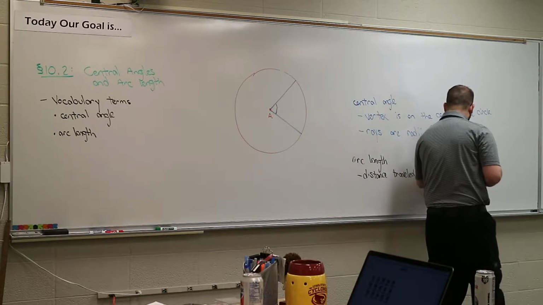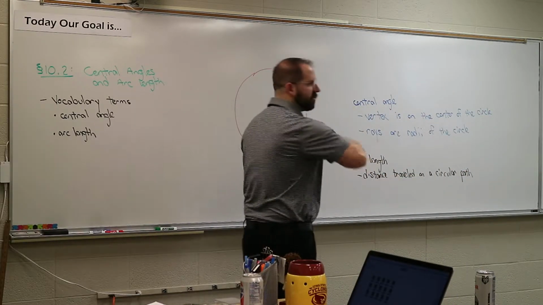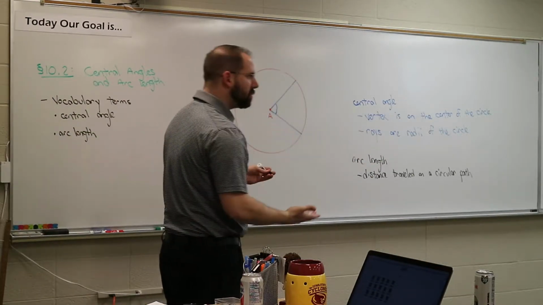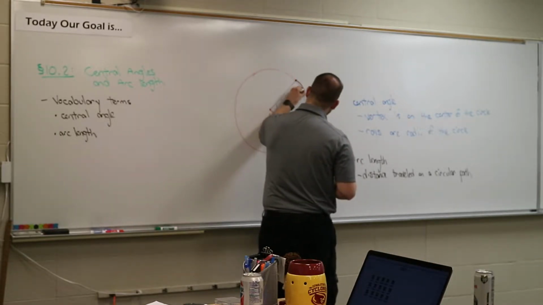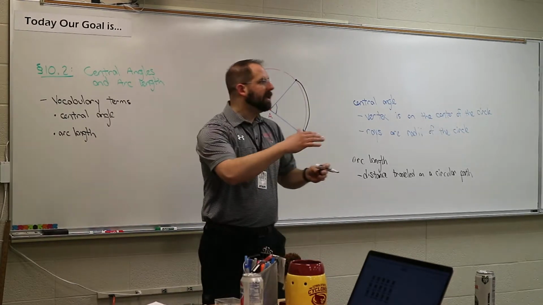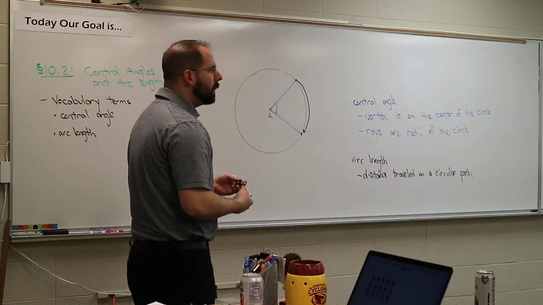Now it doesn't say how far you can go. You can go full circles, just really whipping around the circle, or you can travel a small distance. You don't have to go all the way around. It could be start here and you end up over here. That's an arc length. It's like the pizza crust on a pizza. It's the actual distance you traveled.